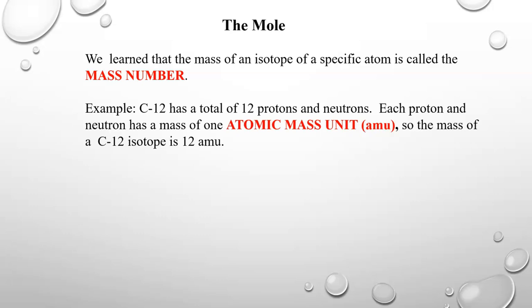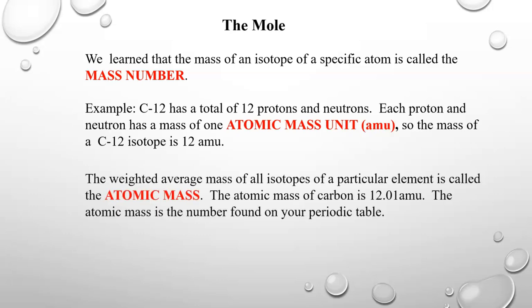Each proton and neutron has a mass of 1 atomic mass unit, AMU, so the mass of a C12 isotope is 12 AMU. The weighted average mass of all isotopes of a particular element is called the atomic mass. The atomic mass of carbon is 12.01 AMU. The atomic mass is the number found on your periodic table.